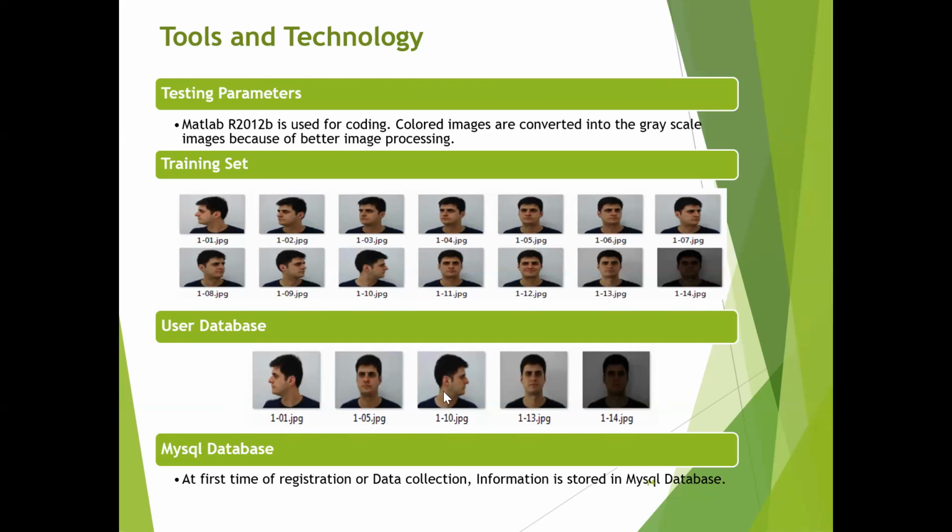Some of these images do not exist in the database, like the 45 degree angles. So the first is 14 images for the input, and second is the user database. Those 5 images we have stored in our database for verification.